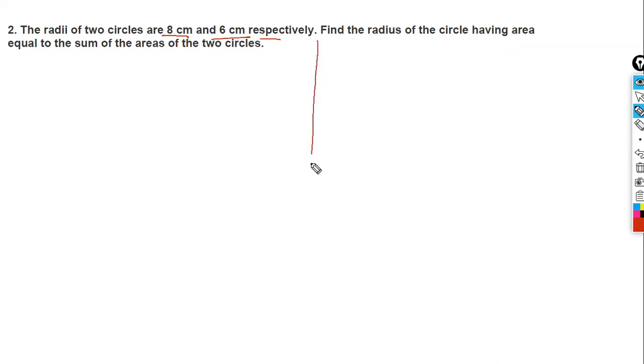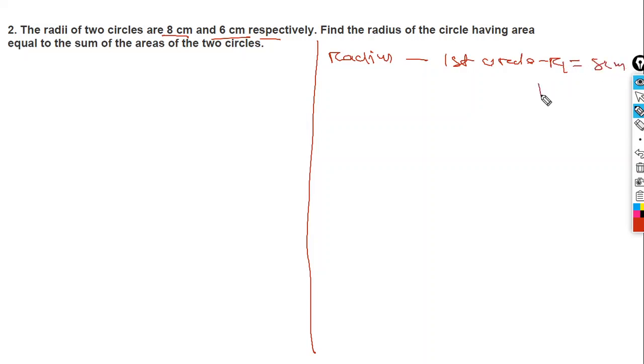Here also same story. In the last question, that was perimeter or circumference. Here we have area. So you can write radius of first circle equal to R1, which is equal to 8 cm. Similarly R2 equal to 6 cm.